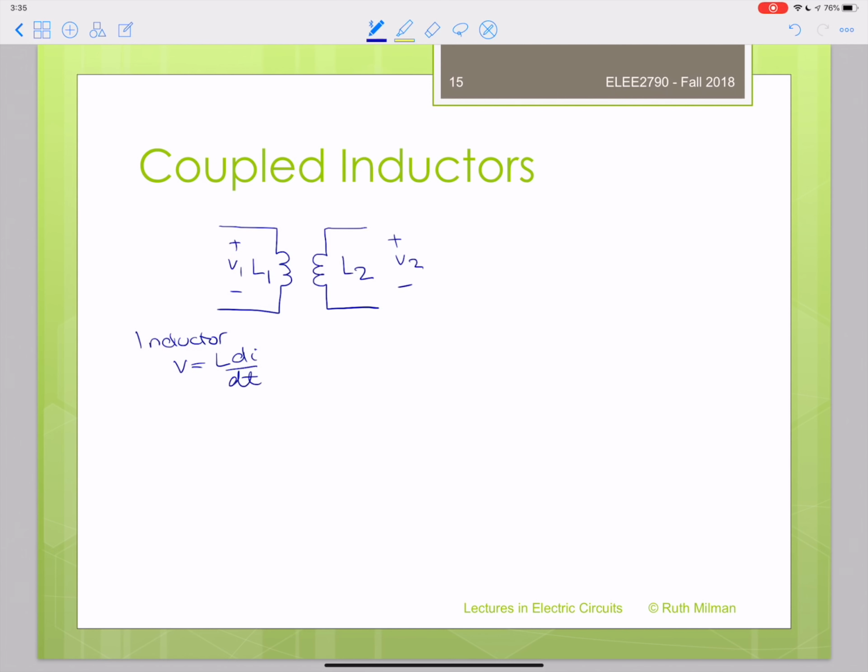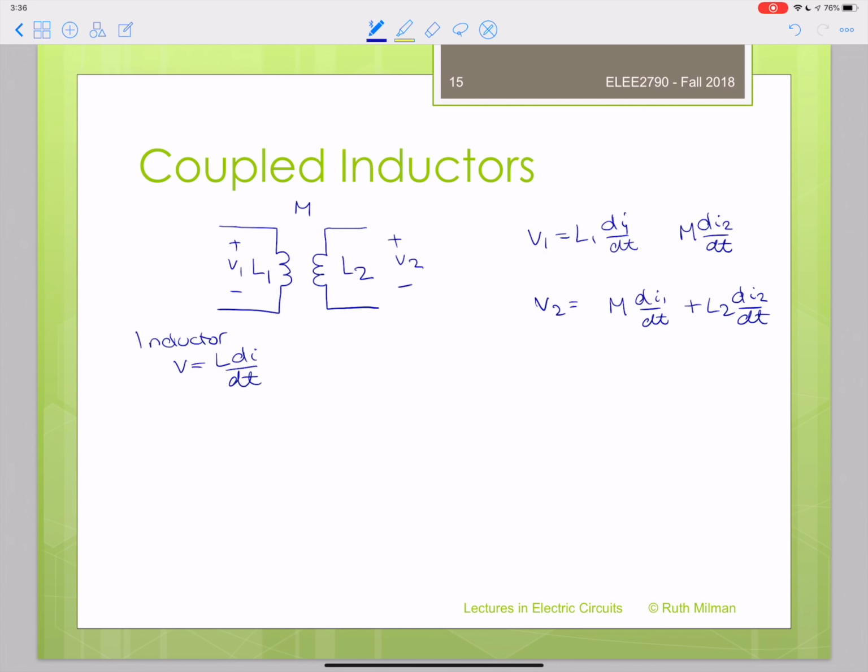Because the inductance is connected, the currents from one side will cause an effect in the other. We call the mutual inductance M, and we state that V1 is equal to L1 di1/dt plus or minus M di2/dt, and V2 is equal to M di1/dt, which can be plus or minus, plus L2 di2/dt.